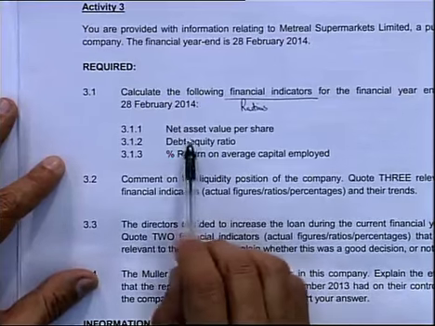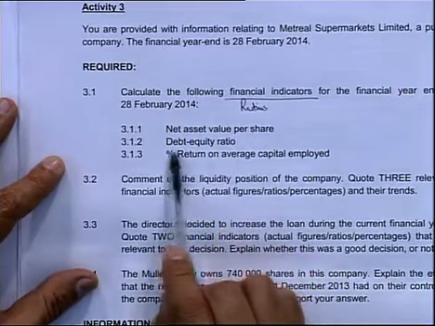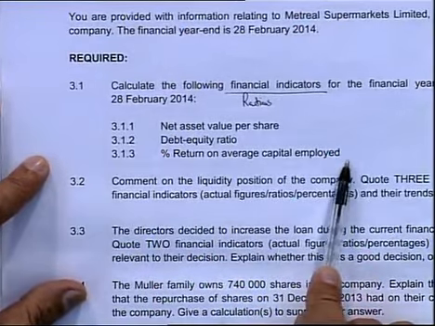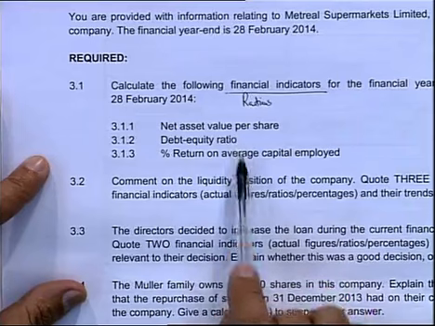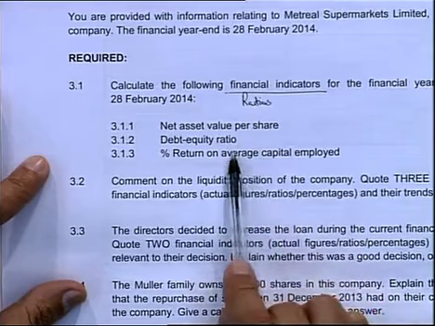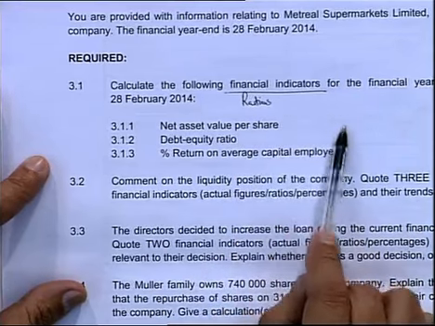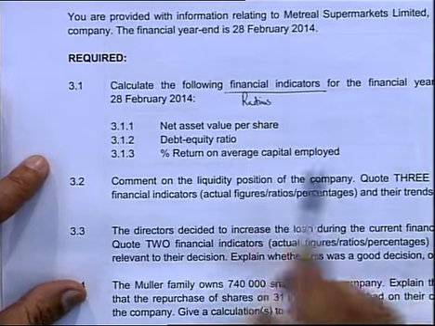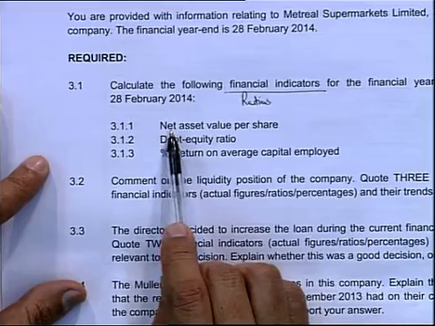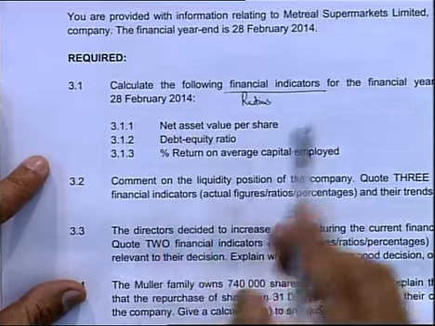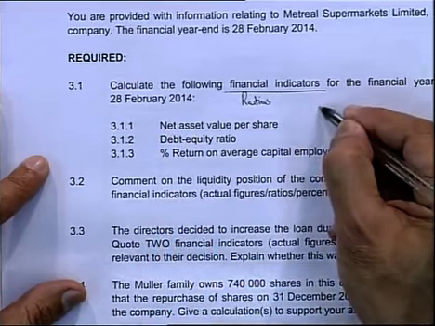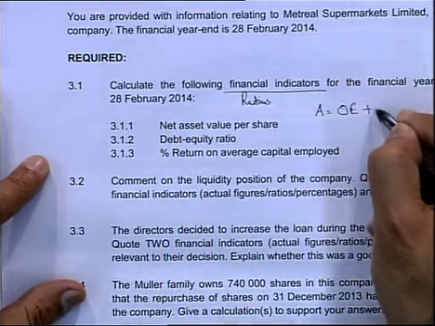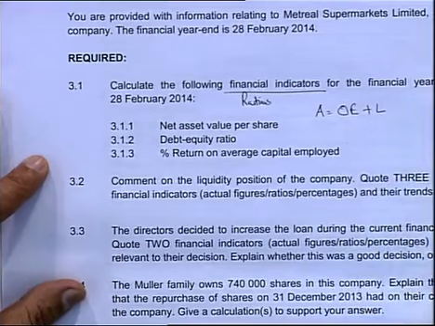Okay? There they have the net asset value, they have the debt equity, and they have the percentage return on average capital employed. Now, the previous session, we spoke about all these ratios and how important it is for you to memorize the formula, and then you have to apply them. For example, if we talk about net assets, if we know the accounting equation, it's going to be assets equals owner's equity plus liabilities.